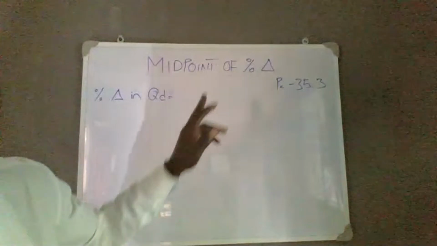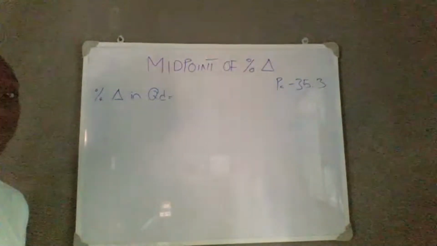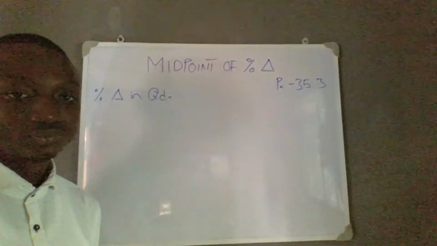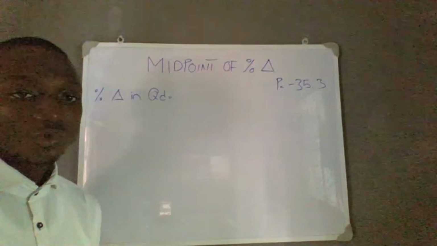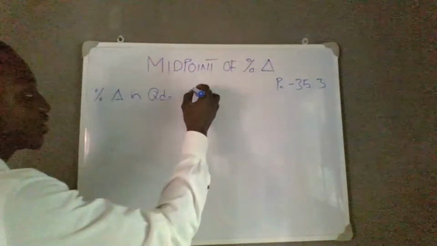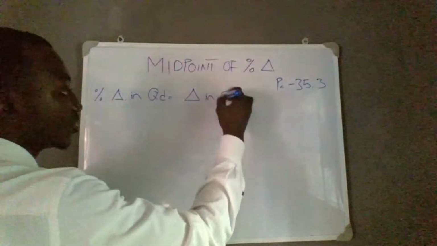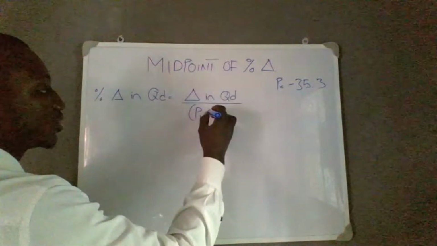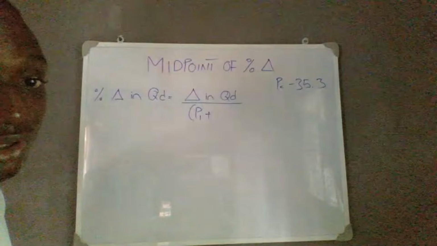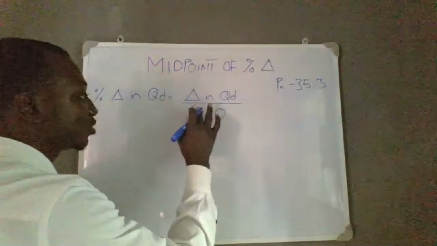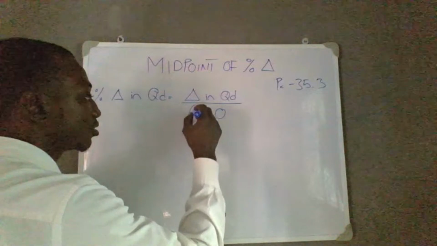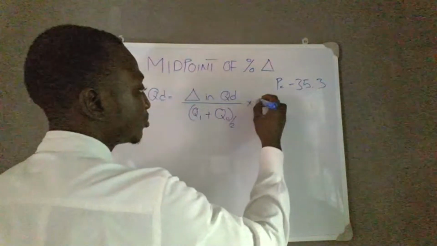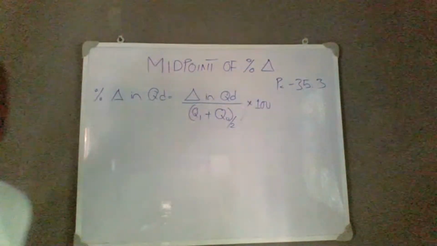Quantity demanded and the midpoint then comes in. So we have just the same formula as for price: the change in quantity demanded over Q1 plus Q2 over 2, multiplied by 100.